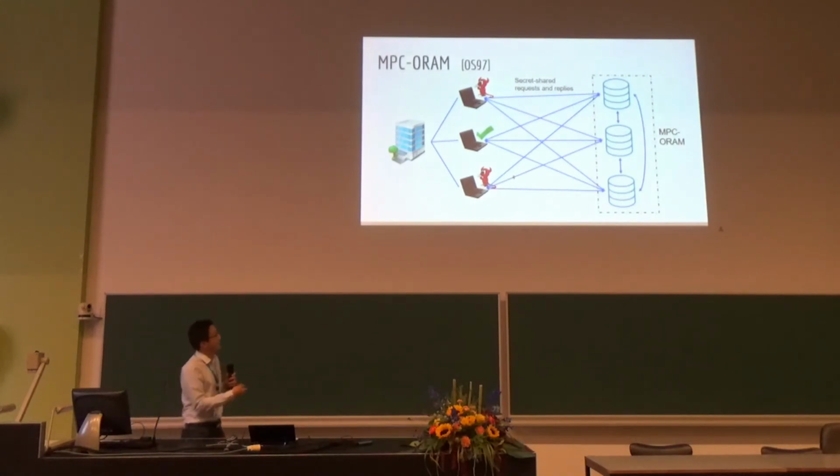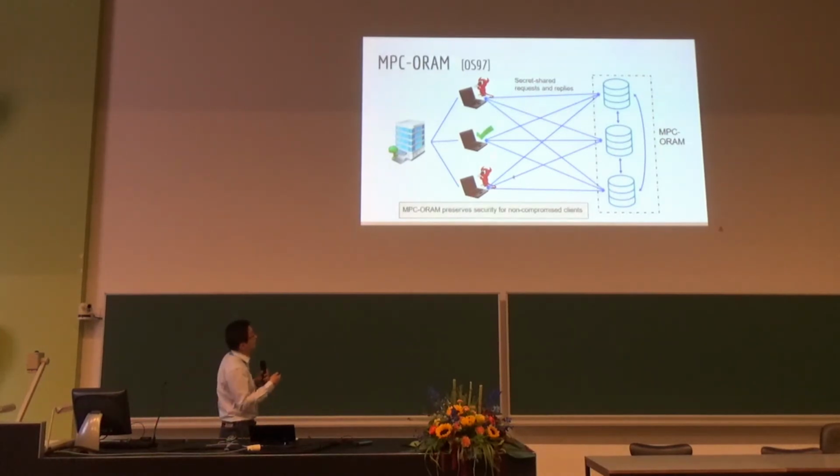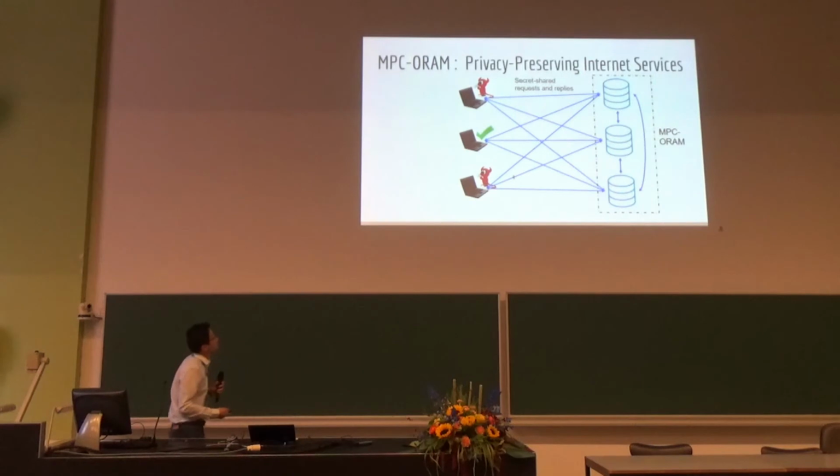Here's the diagram for MPC ORAM: the data is now secret shared among multiple servers. To do the data access, the client will generate a secret sharing of the input, send each share to each server, and then after some MPC ORAM protocols, the output will be returned to the client also in secret shared format. Because there's no secret, MPC ORAM preserves security for the non-compromised client.